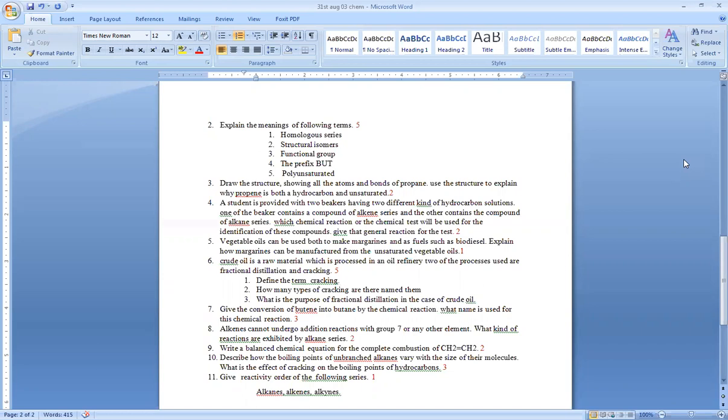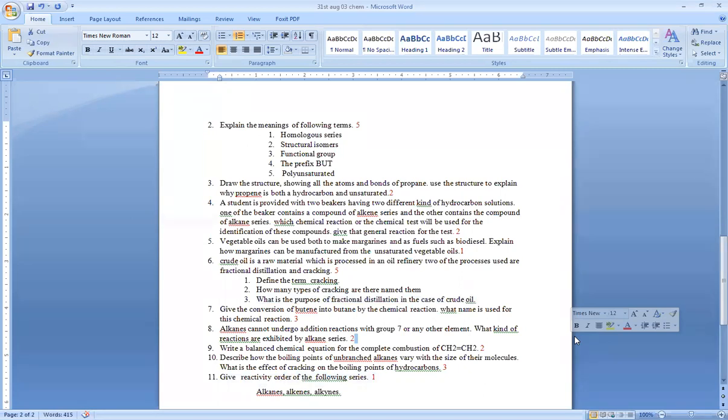Alkenes cannot undergo addition reactions with group 7 or any other element. What kind of reactions are exhibited by the alkane series? It is a simple question: alkanes are not going to undergo any kind of addition reaction. So just tell us why they do not have any kind of addition reactions, right?